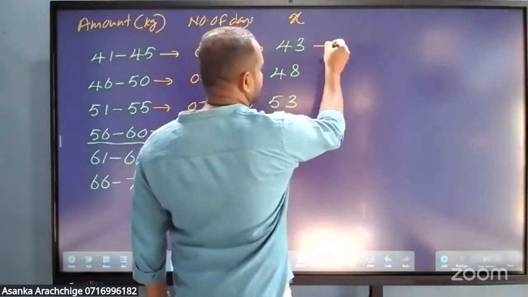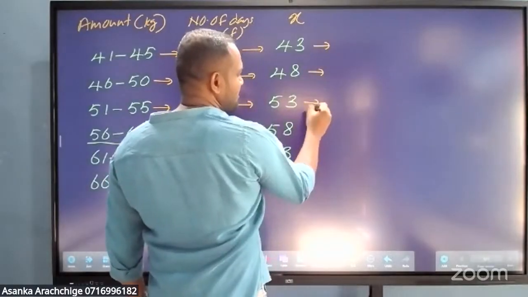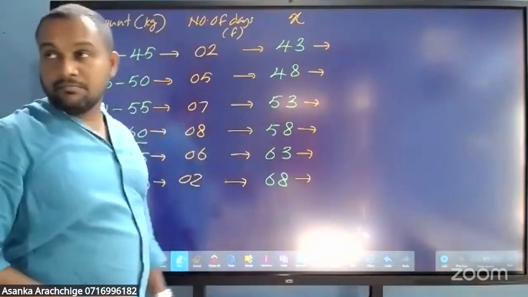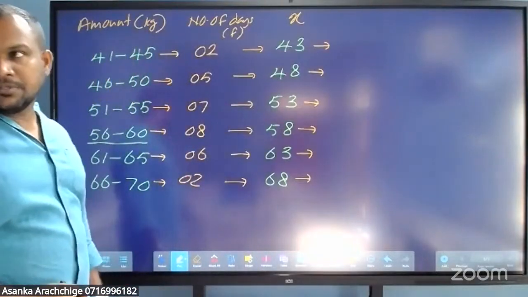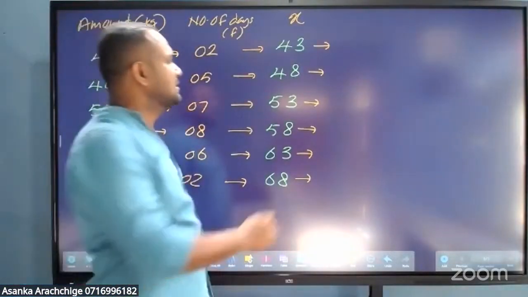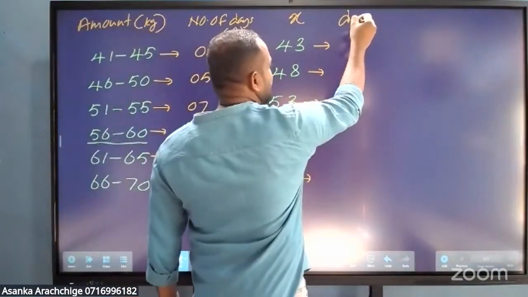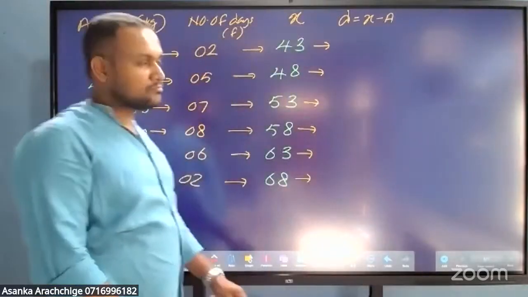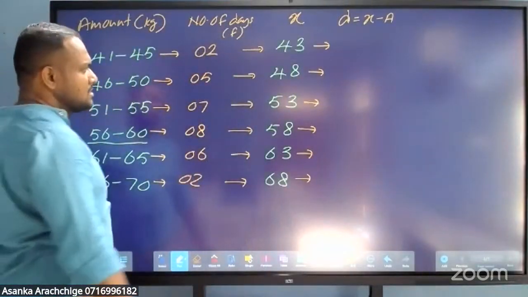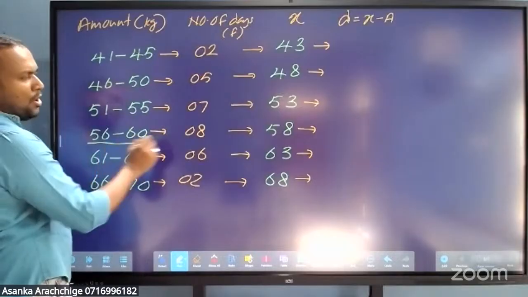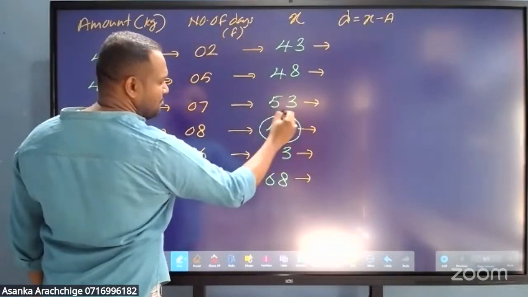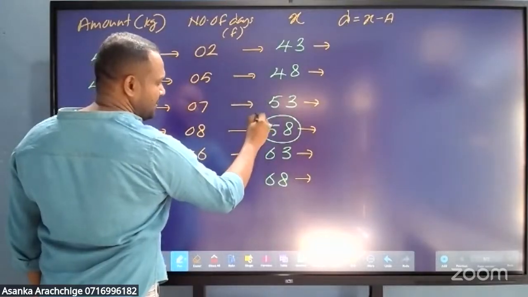Then deviation. Deviation means the gap between the assumed mean and the mid value of each class interval. Deviation d equals x minus a. A is the mid value of the modal class, so this is A, the assumed mean 58.